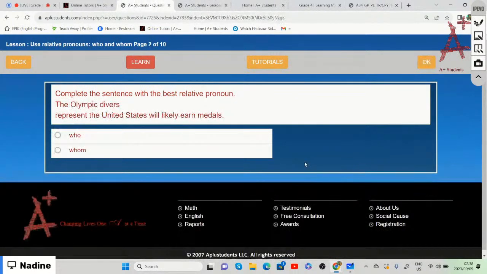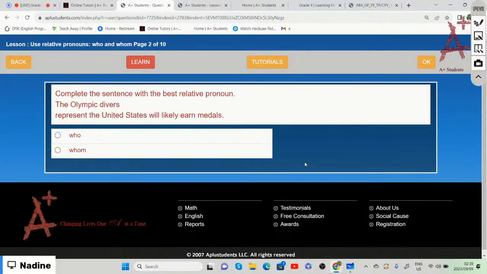The Olympic divers represent the United States will likely earn medals. So is it who or whom represent the United States will likely earn medals? The Olympic divers, do we say who represents the United States will likely earn medals, or whom represents the United States will likely earn medals?